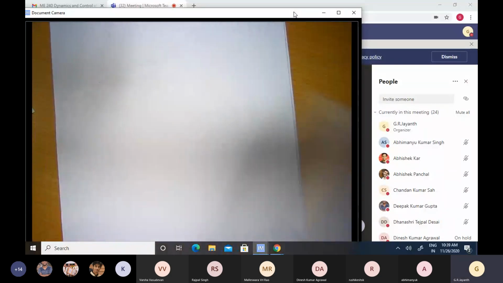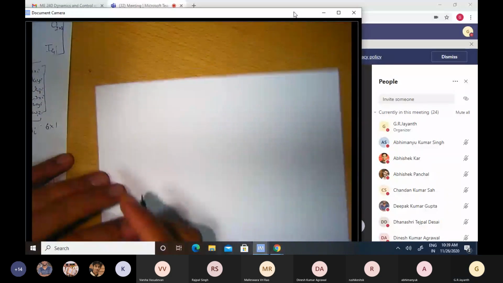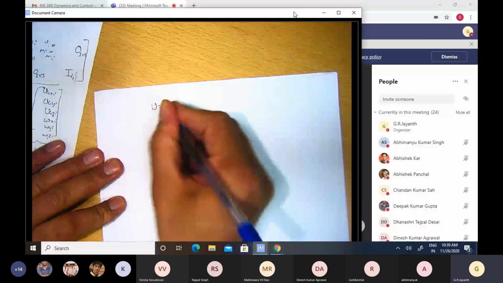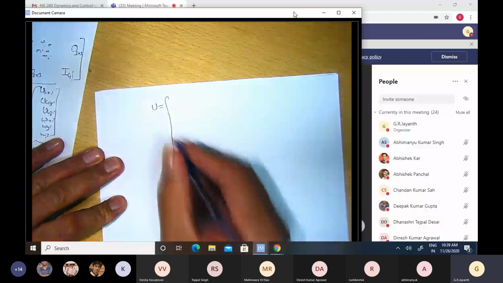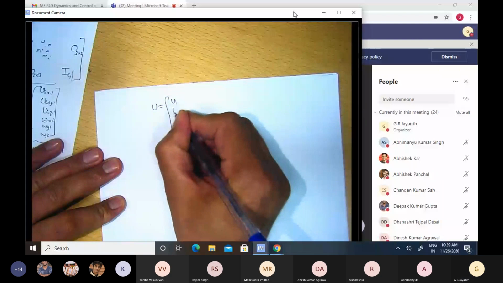Okay, great. So with this, I now package away the complexity further by defining U to be the vector of velocities u1, u2, etc. up to un.